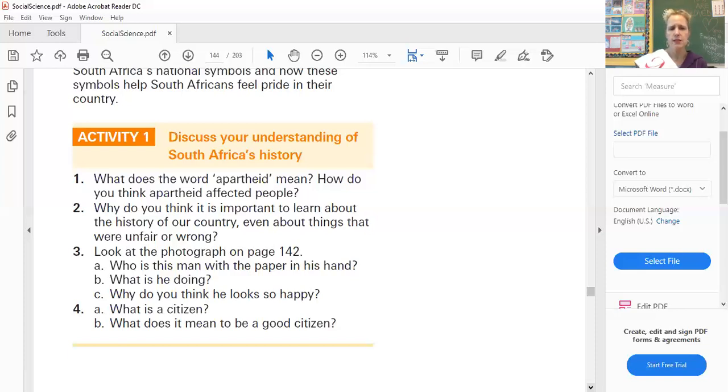Why do you think it is important to learn about the history of our country, even about things that were unfair or wrong? And then you want to explain to me that we should learn about our history because we want to know where we came from. We want to know how the country started. We want to know how things developed and how they used to be in the olden days. And why do we want to know about what went wrong as well?